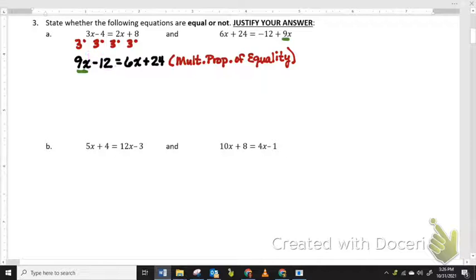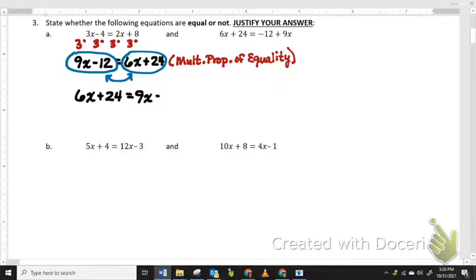So I'm going to try to get it in the exact same order. To do that, I'm going to take this 6x plus 24 and flip it, just switch sides of the equal sign and move the 9x minus 12 to the other side also. So 6x plus 24 equals 9x minus 12.